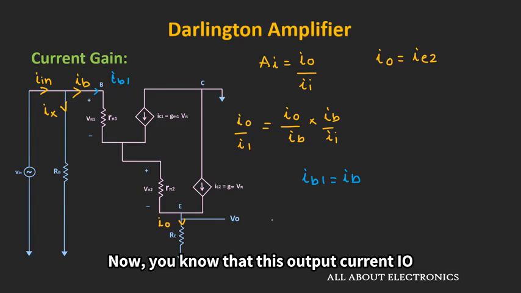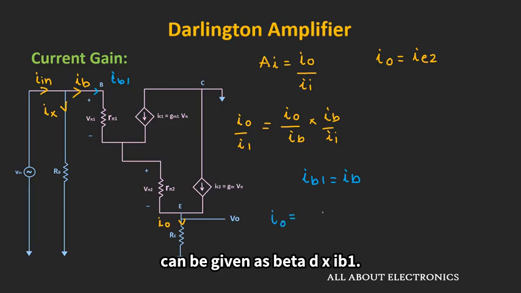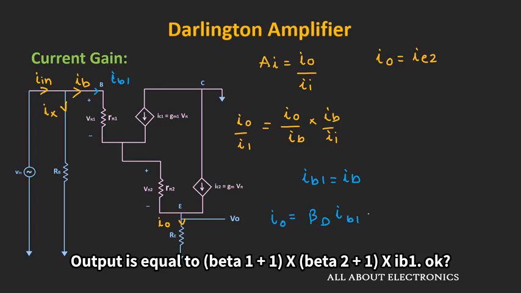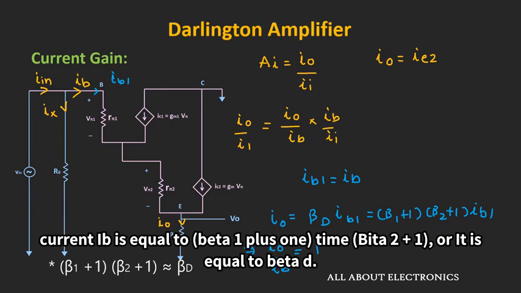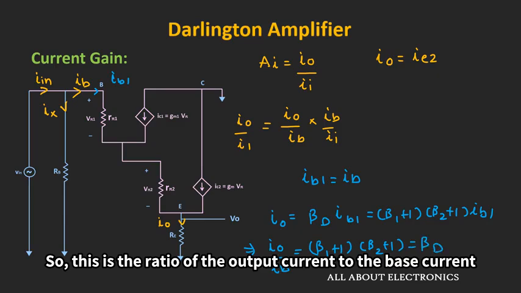Now we know that this output current IO can be given as beta D times IB1, or it is equal to (beta 1 plus 1) times (beta 2 plus 1) times IB1, right? So we can say that this output current to the base current IB is equal to (beta 1 plus 1) times (beta 2 plus 1), or it is equal to beta D. So this is the ratio of the output current to the base current.